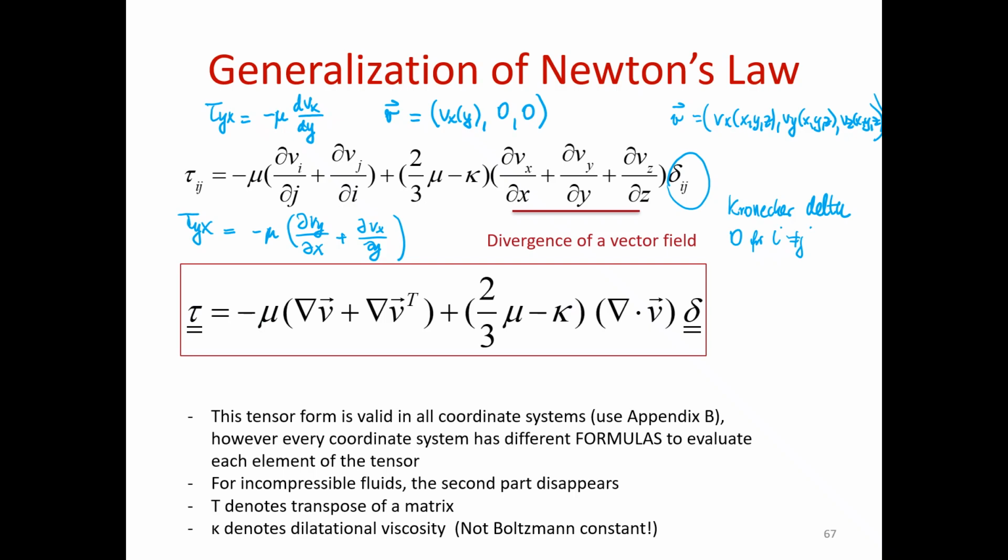So this is my tensor tau. This is the shorthand notation for the tensor. And this is the identity matrix. It really has ones on the diagonal and zeros otherwise, because this Kronecker delta is 0. So this is my tensor.